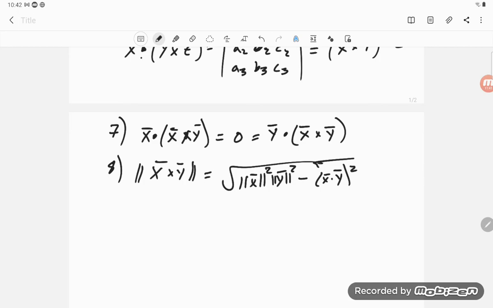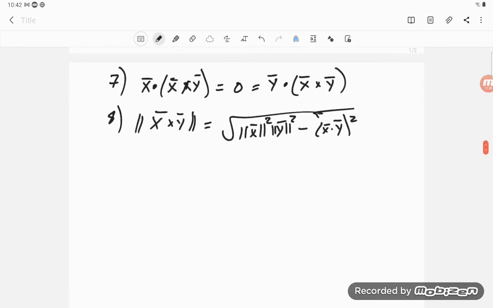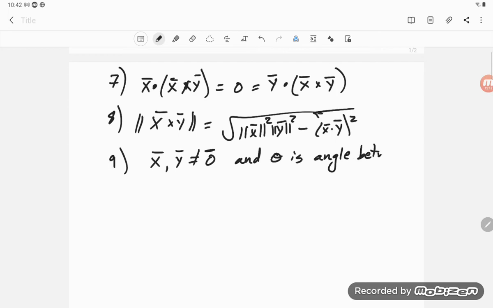Okay. This can also be written another way. And so we need that x and y are not equal to the 0 vector, and theta is the angle between them.